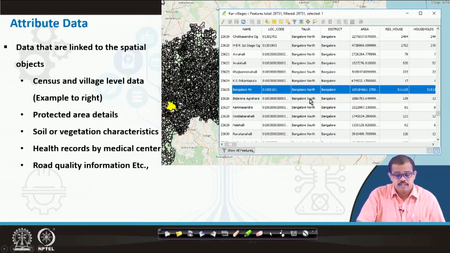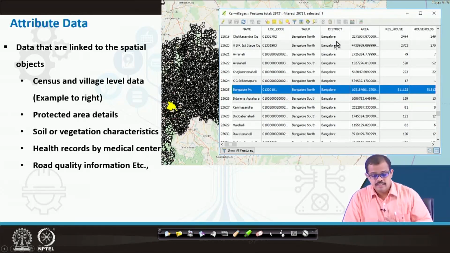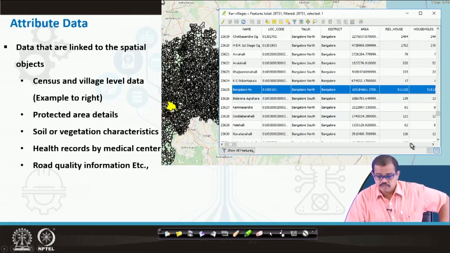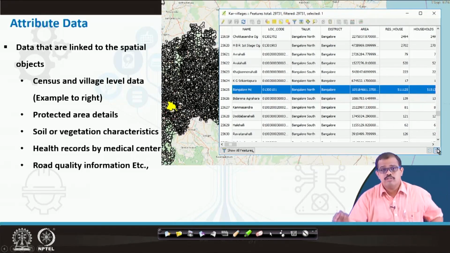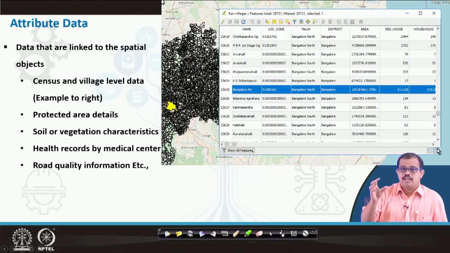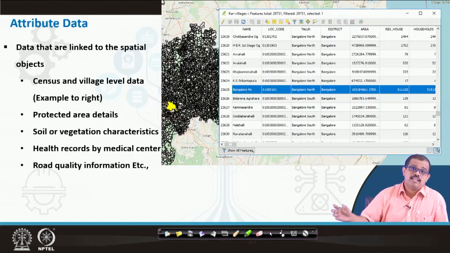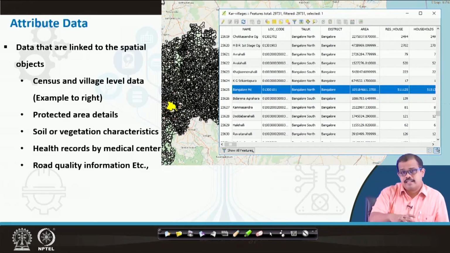You have taluks, Bangalore North, Bangalore South, etc. So you have various places in that region. It has a location code, the area of each of these districts. Then you have how many residential housings there are, how many households there are, which are attribute information added to the data.